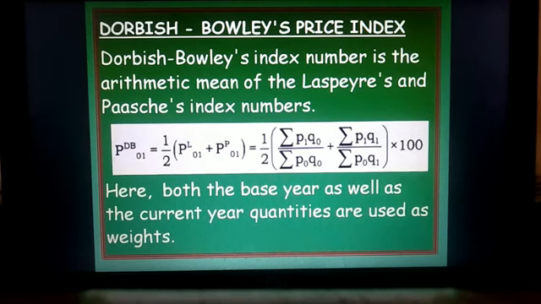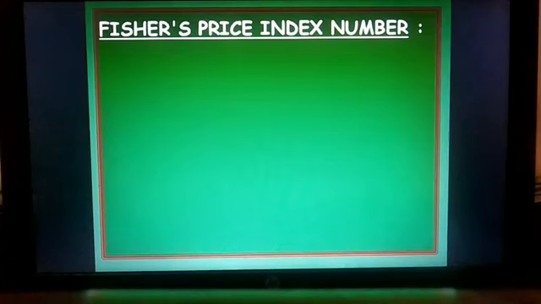Then next, which index number comes next? It is Fisher's index number. The relation between Fisher's index number, Laspeyres' index number and Paasche's index number also I have told you already. What is that? Fisher's index number is the geometric mean of Laspeyres' and Paasche's index numbers.